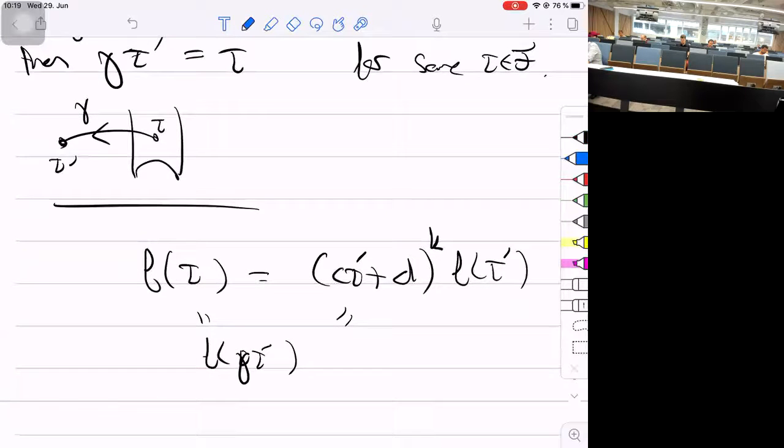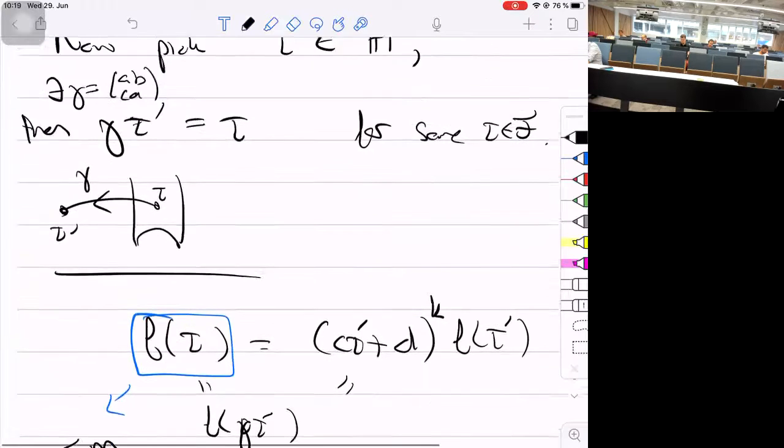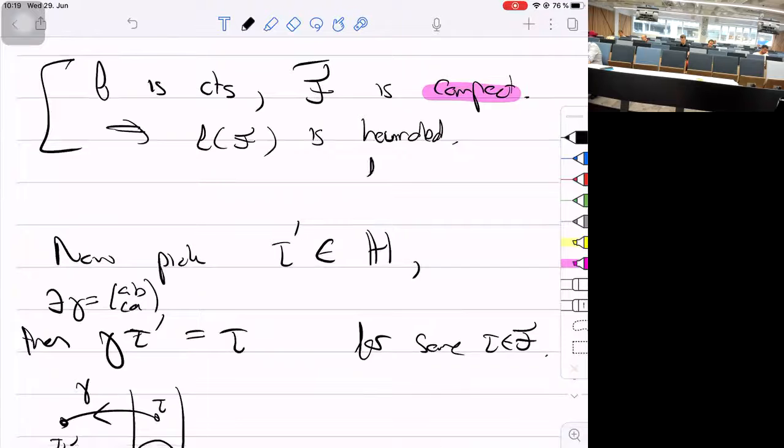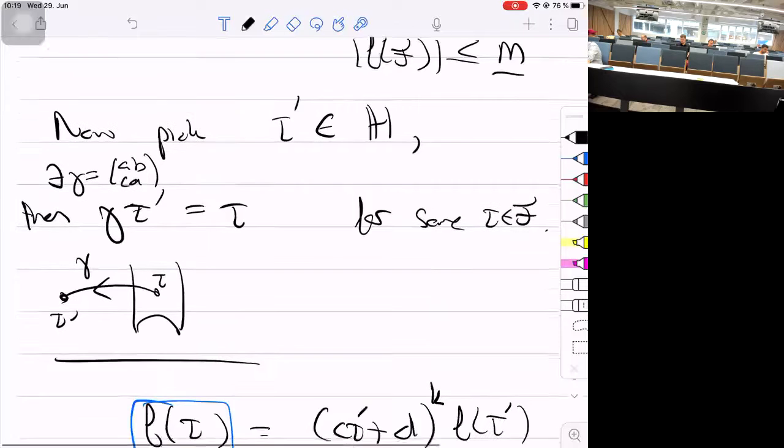Now we've picked tau to be in the fundamental domain, so we already know from the previous argument that this is less than or equal to some upper bound on the domain, capital N, say. I'm only writing N because trying to distinguish little c and big C in my handwriting is too much work.